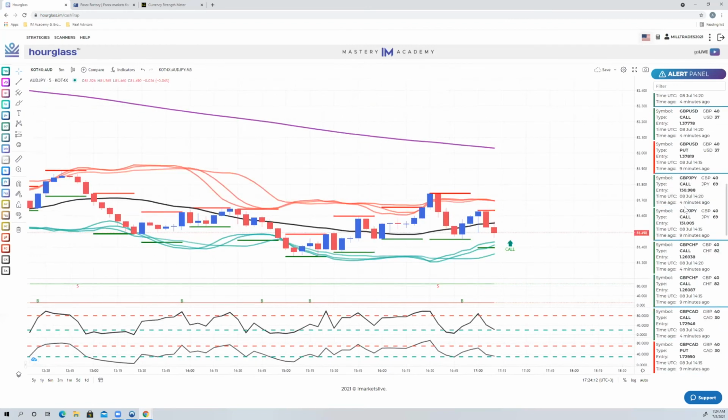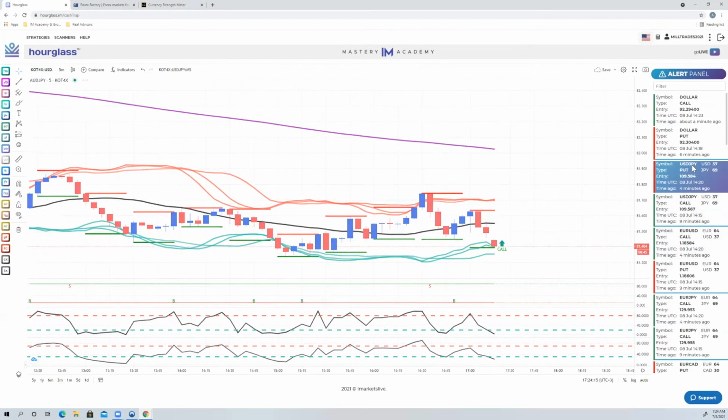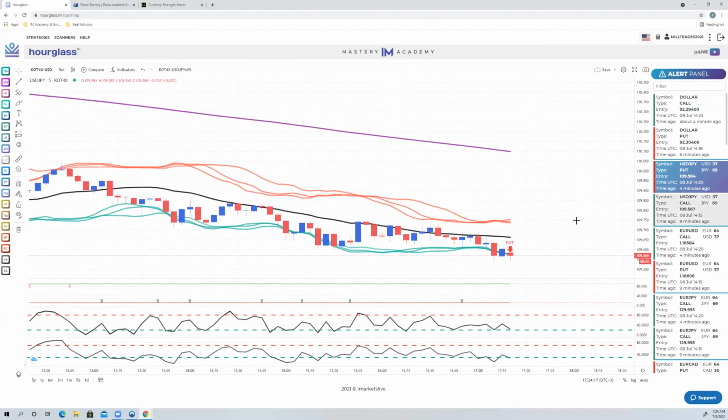I'm trying to look for some good setups. I'm not really seeing much. Let's see. Things are at the bottom right now.